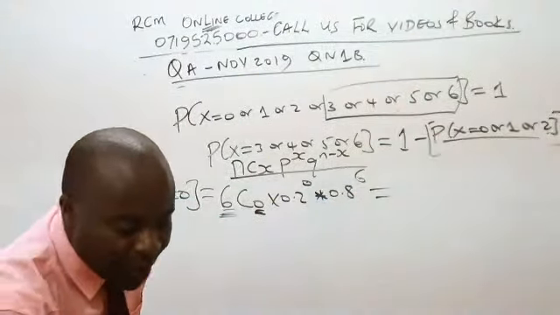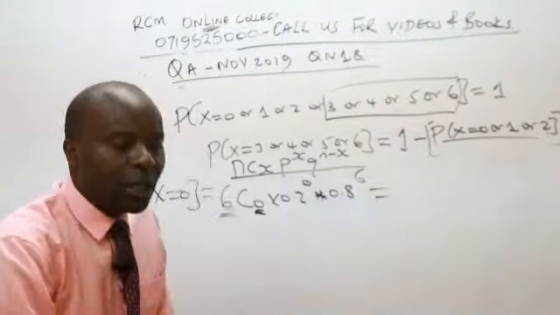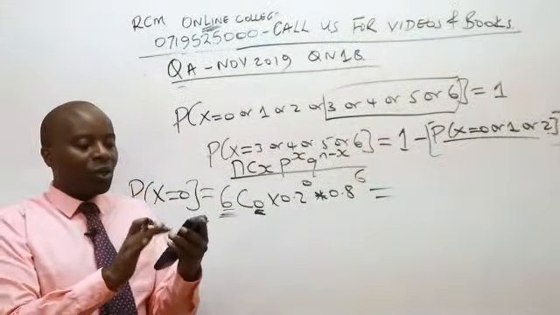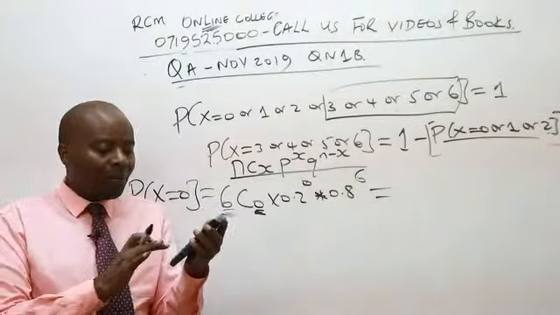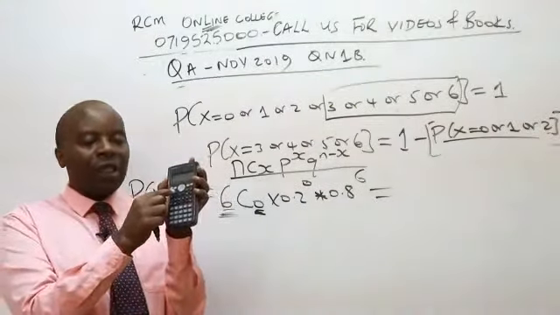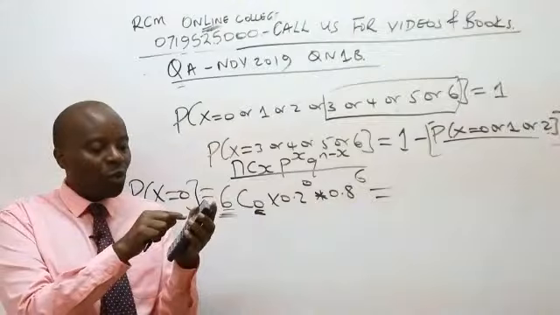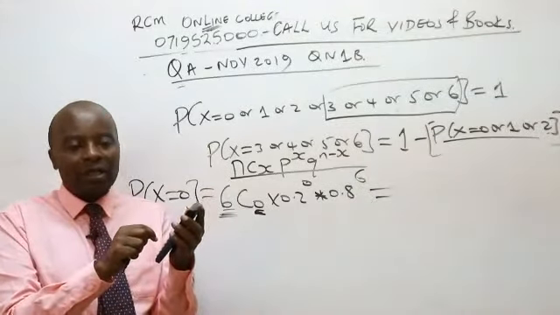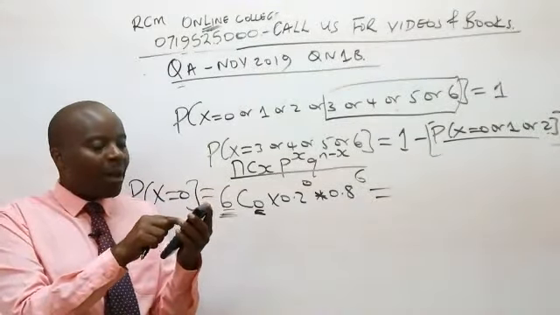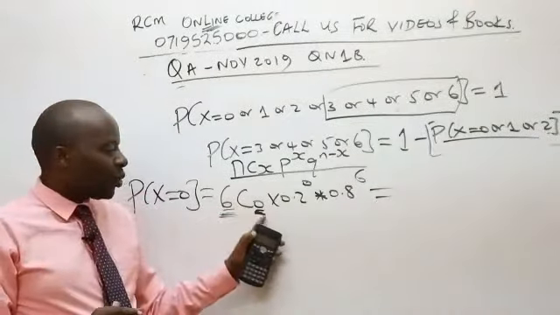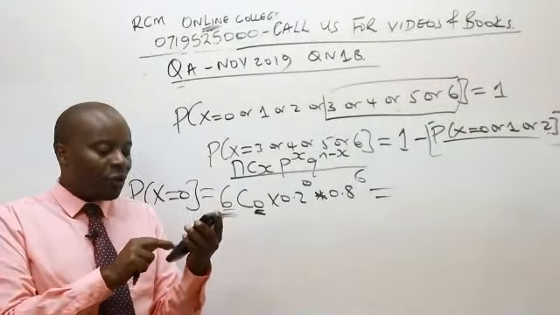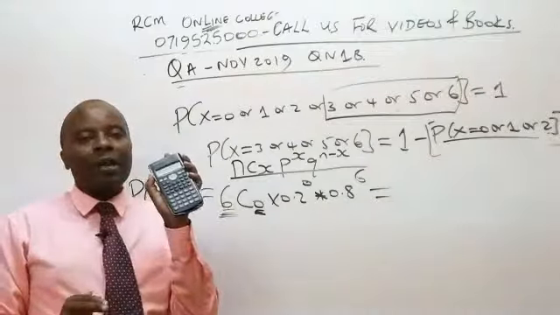What are 6 combinations 0? In my calculator, this is my calculator, I'll press 6. I hope you are able to see the combinations just close to shift, just underneath alpha. So I'll say 6 combinations 0, this one here, and then times 0.2 raised, I hope you're able to see the raised.